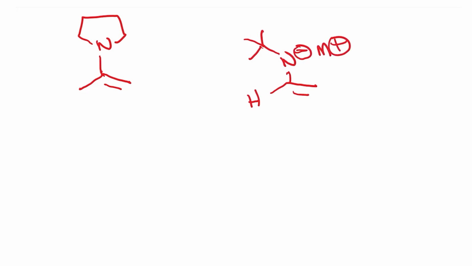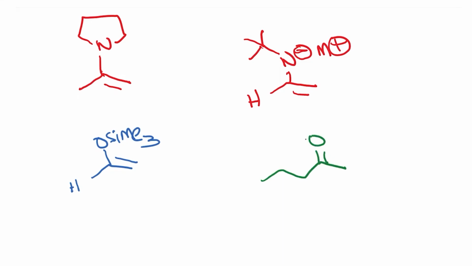And the next method is to use the trimethylsilyl ether that we are quite familiar with. And the last one is to use a 1,3-dicarbonyl type compound, which can then be easily deprotonated and reacted with.